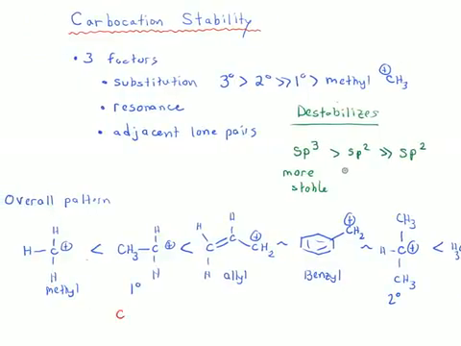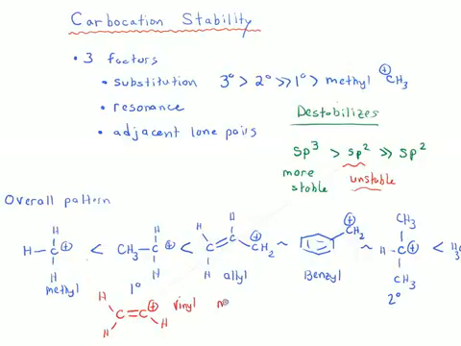So, as I mentioned earlier, sp2 is very unstable if it cannot be resonance stabilized. So, for this reason, a carbocation that's directly on a double bond, we call this vinyl. It's very unstable. It's about as stable as a primary carbocation, so considerably less stable than allyl.